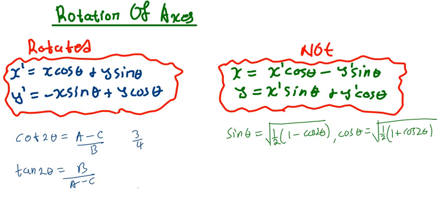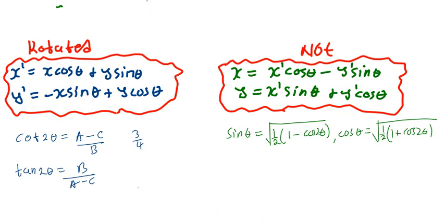If the equation you are given is not rotated and you use the rotation formulas, it's not going to work out. You're just going to waste your time. And if it's rotated and you use the other formulas, it's not going to work out either. So first identify the equation you're given. Is it rotated or is it not rotated?